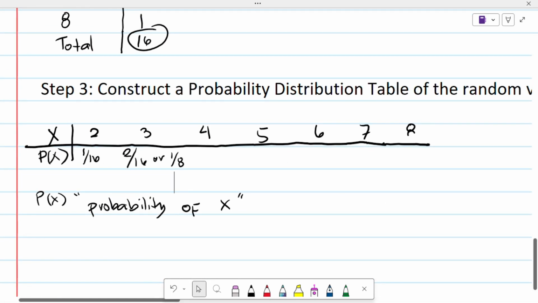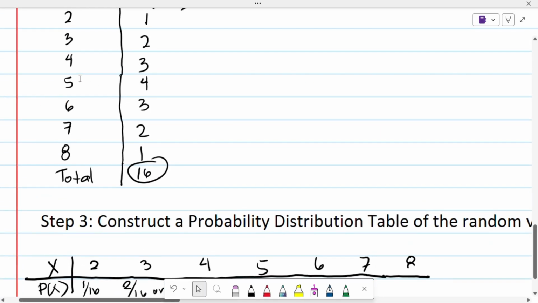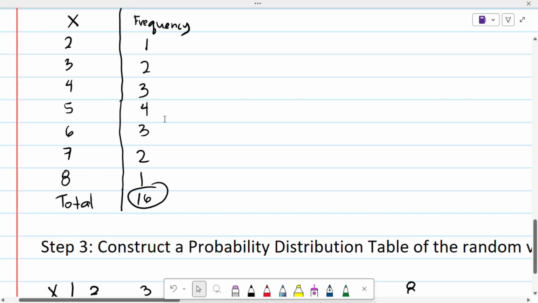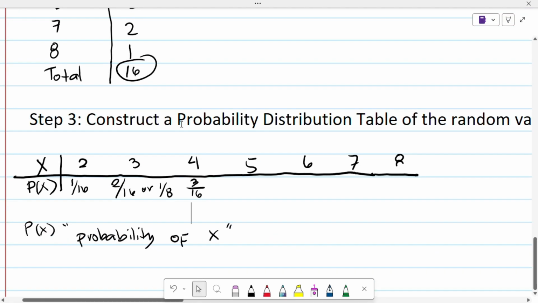So we write here 3 over 16. How about getting the sum of 5? The frequency of getting the sum of 5 is 4 out of 16 outcomes. So the probability of getting the sum of 5 is 4 over 16 or 1/4.